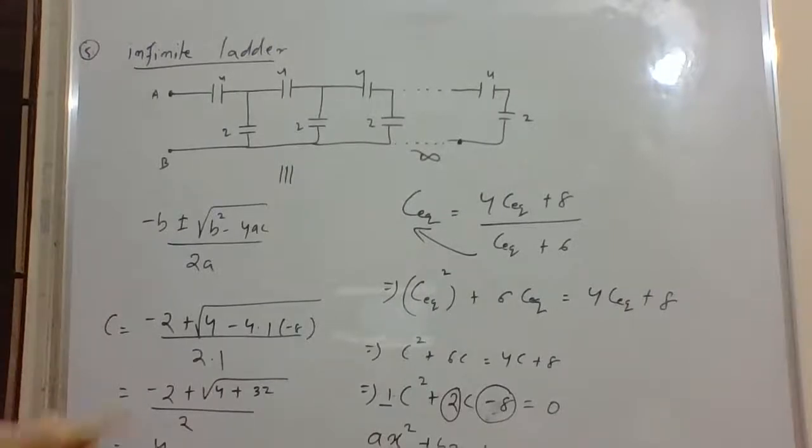Similarly, if you put minus here, then this entire term will be how much? Minus 2 minus root of 36, which is 6. So that is minus 8 by 2, that is minus 4.